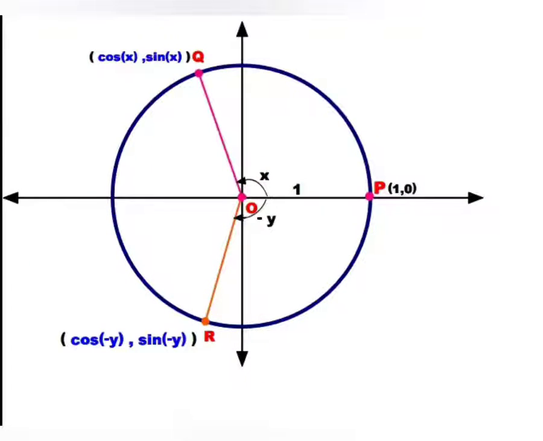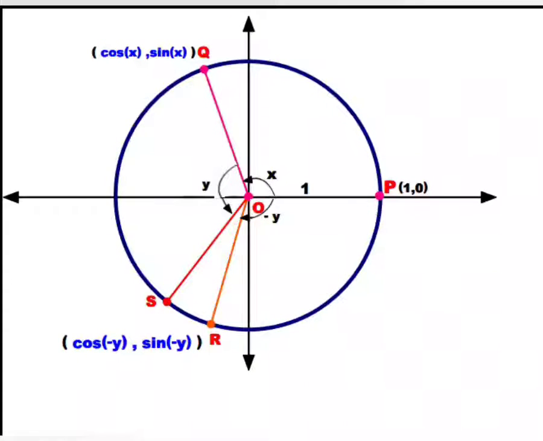Thus, coordinates of R are (cos(-y), sin(-y)).